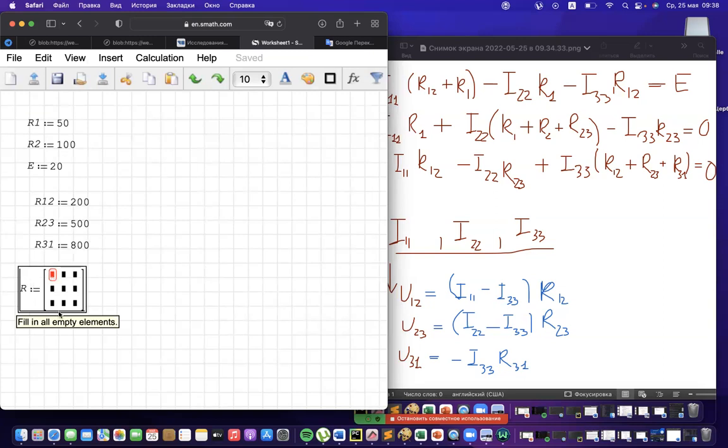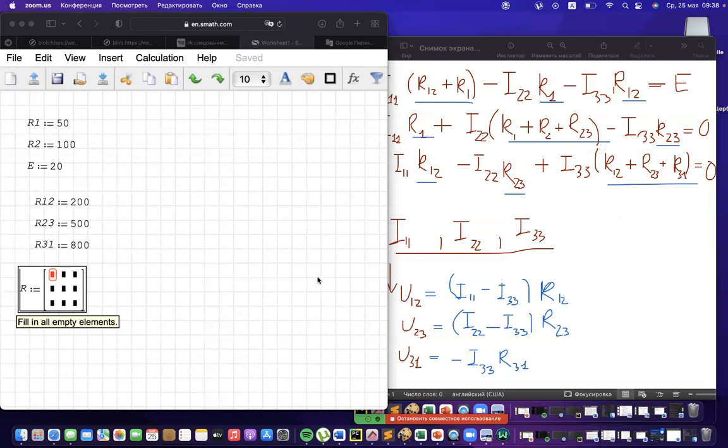Then you are putting inside this matrix of resistors the coefficients from the equations, as you have them here. Your 9 coefficients in this matrix.